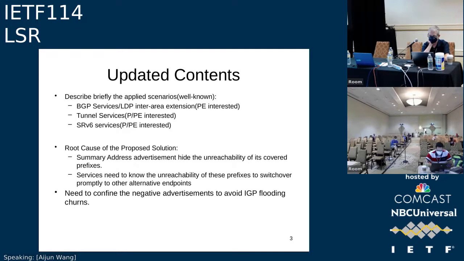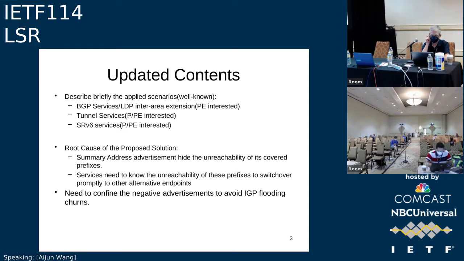The root cause of the proposed solution is the following. The summary address advertisement hides the unnecessary unreachability of its covered prefixes, but the service that is based on the detailed specific prefix needs to know the unreachability of this prefix to switch over promptly to another alternative endpoint.